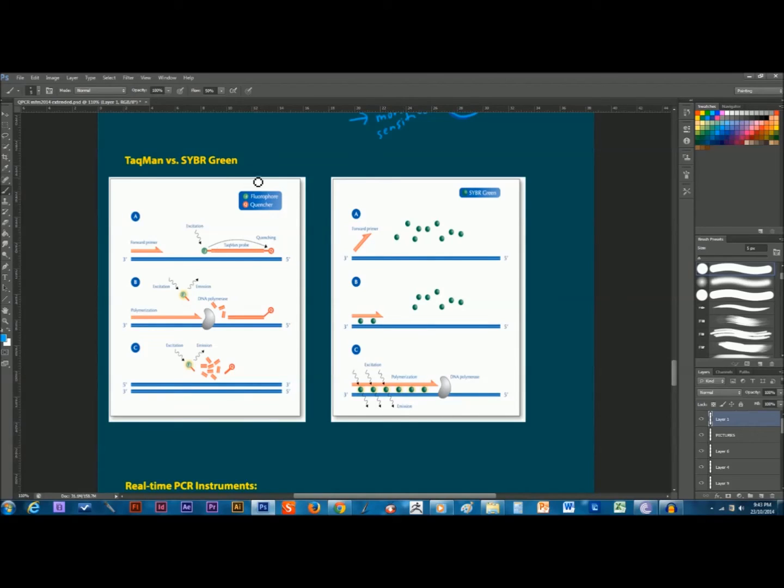Okay, in the TaqMan probe, we have similar primers, the forward primer and reverse primer. And we have another short sequence of DNA, which is tagged with two types of dye. The first one is the fluorophore, the reporter. This is called the reporter.